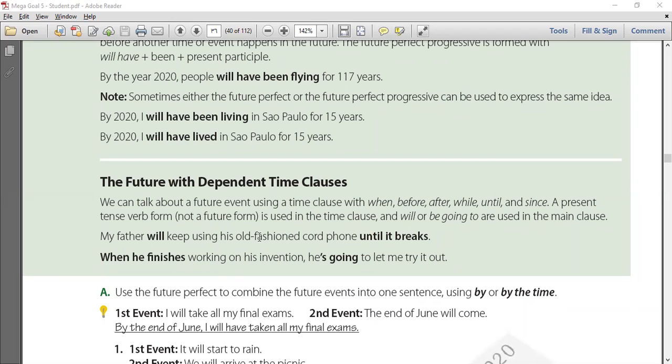My father using his old-fashioned cord phone, and another event which is it's going to be broken. So one event is going to happen when the other event happens. So when he finished working on his invention, he is going to let me try it out. So when he finished, and as you see, we're going to write it in the present simple, not in a future form. We're going to write the other verb that's going to happen after this in the future form.